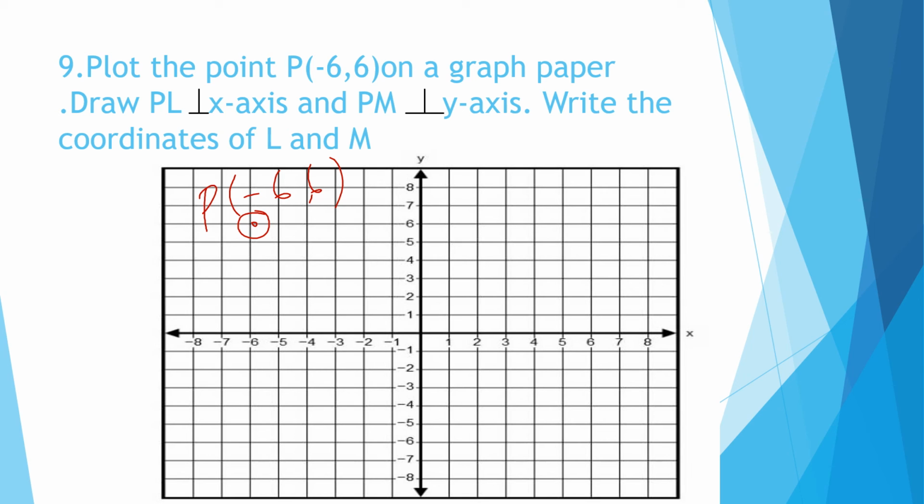PL, let us draw, use a ruler, and mark it as L. PM perpendicular to the y-axis. Write the coordinates of L and M. Clearly, it will be minus 6 comma 0, and the perpendicular line which intersected the y-axis will be 0 comma 6.